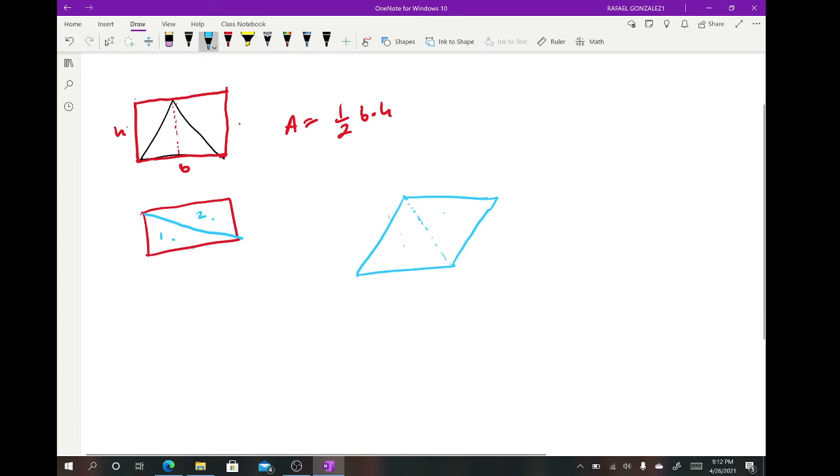Same thing goes for like a hexagon. So let's say you have a hexagon which looks like this, sorta. It's an ugly hexagon. Let me do it again.